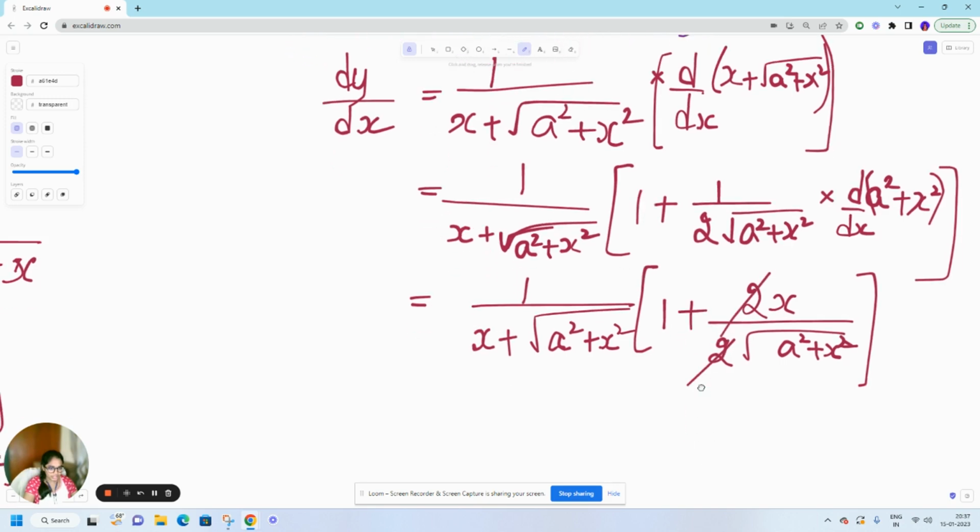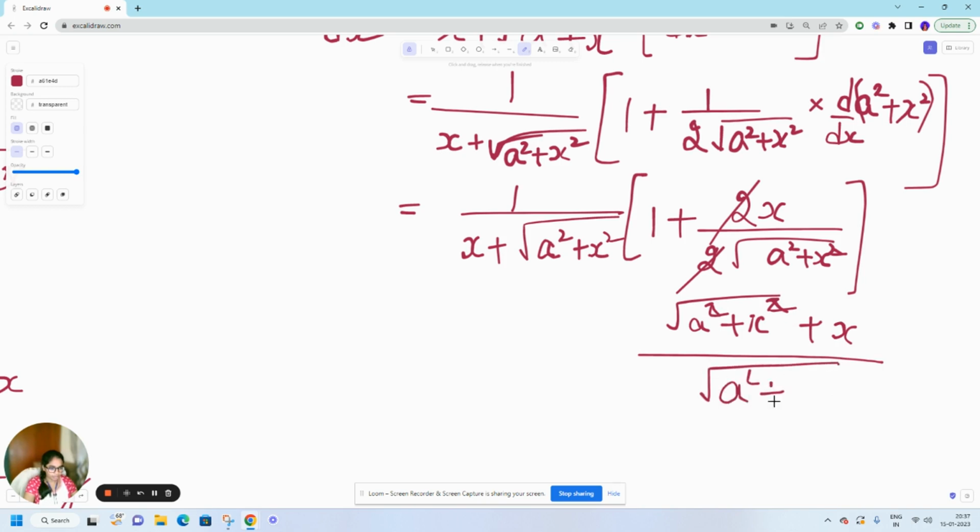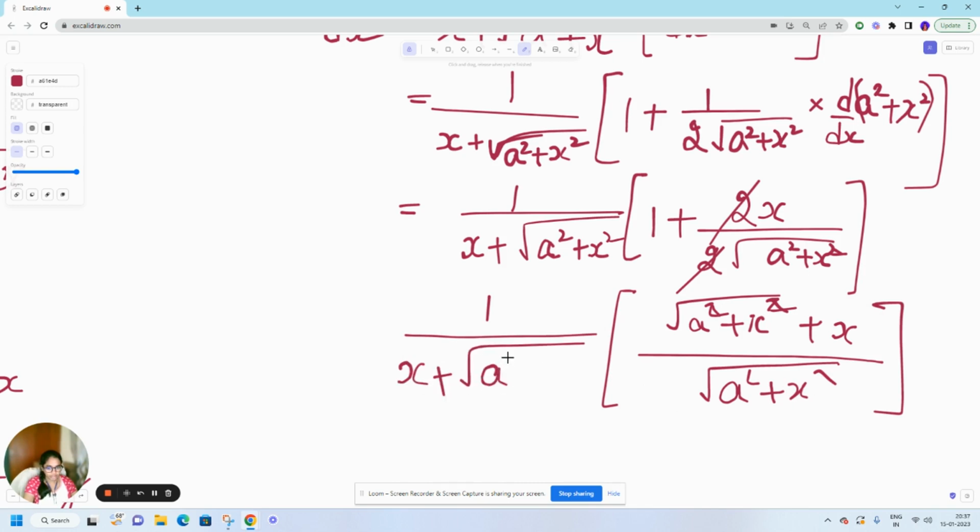Let me take the LCM inside the bracket. I would get square root of a square plus x square plus x divided by square root of a square plus x square. What do we have outside the bracket? We had 1 divided by x plus square root of a square plus x square.